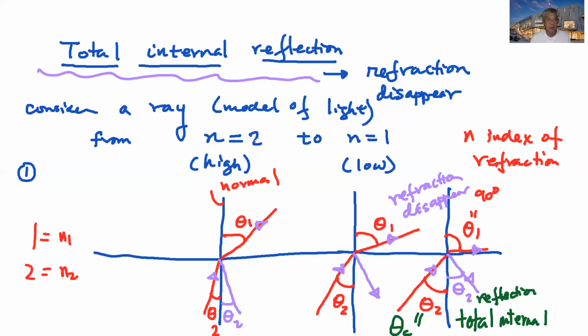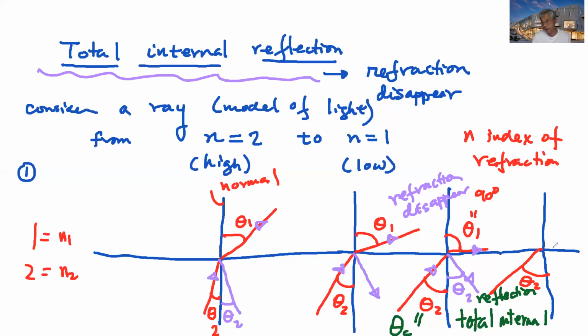Now, if you continue to increase, what would happen? Let's say my angle is now bigger than this one, so even bigger, theta 2 is like this now. Now this one here has nothing.